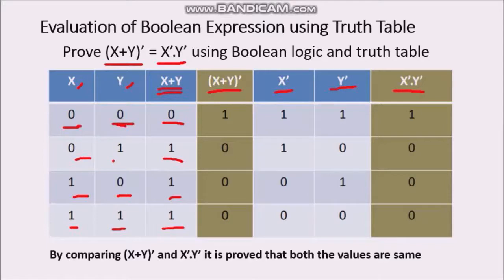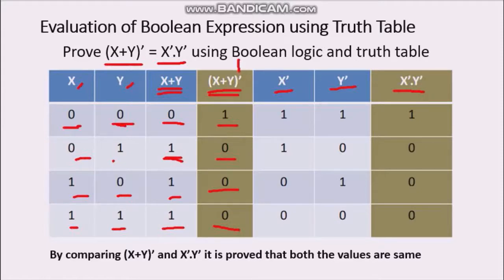So x plus y whole bar you will find out now. Previous column's values will be complemented. In the previous column there was 0, so now it will become 1. In the previous column there was 1, so it becomes 0 here. 1 will become 0, 1 will again become 0. So till now you have calculated values up to this column.